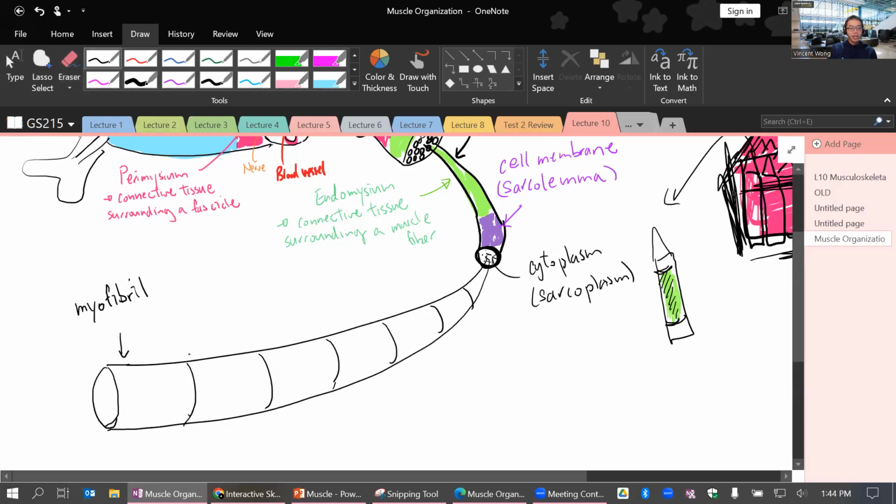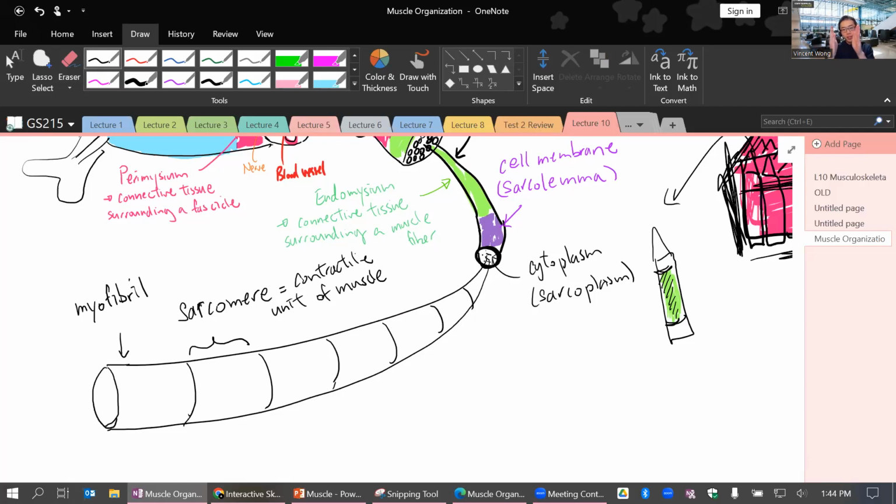These individual rolls are called a sarcomere, which is the contractile unit of muscle. When a sarcomere shortens, then your muscle shortens, which creates a pull.